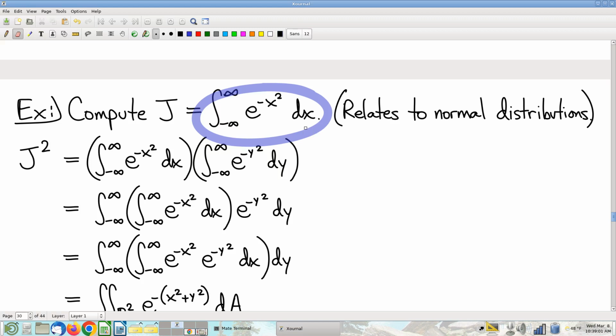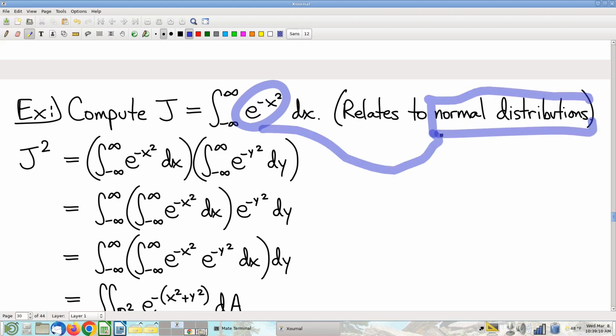And as it turns out, this is not only a probability density function, it's one of the most important probability density functions for very real reasons. It comes up in nature very commonly, and there's a lot to say about that. But anyway, this is an extremely natural integral to want to compute.